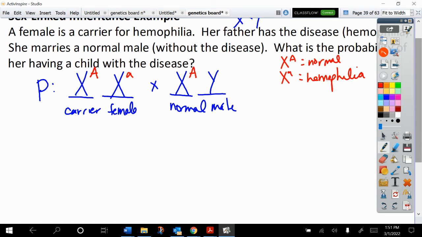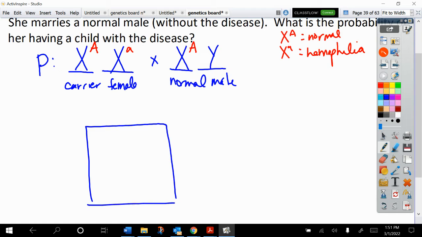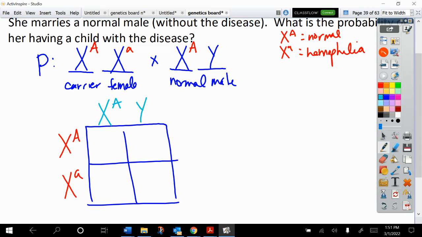So we'll go ahead and we'll do a Punnett square with these parents. So for our Punnett square, we're going to do them like we have in the past. I'll have the female parent over on the left-hand side, X capital A, X lowercase a, and then I'll put the male parent at the top, X capital A and Y. All right, I'm going to fill in the male parent.